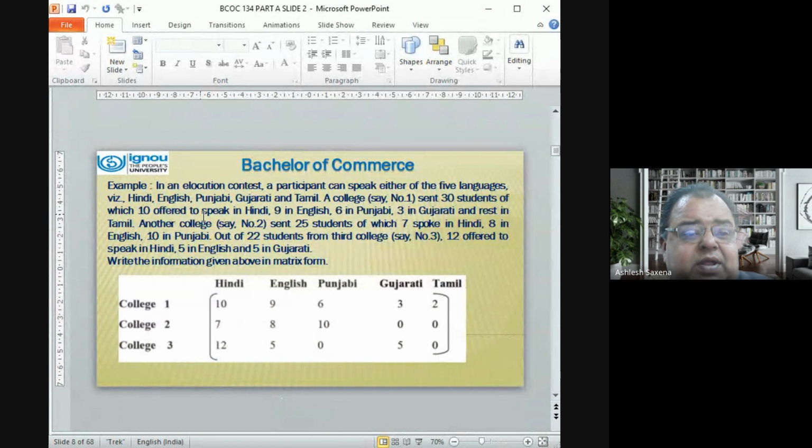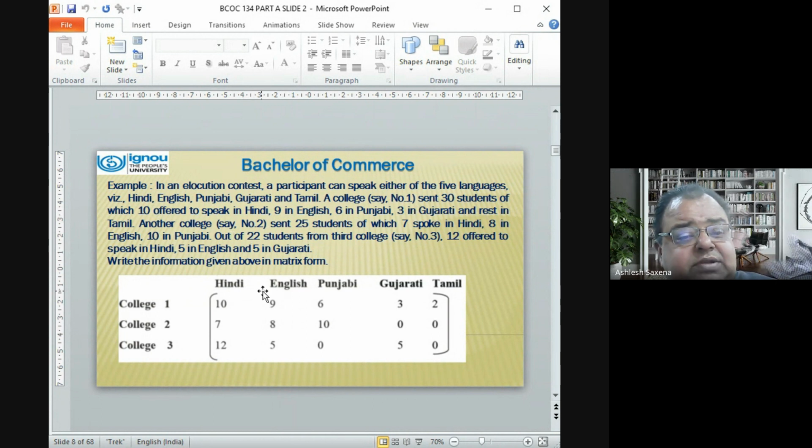Now see, in an introduction contest, a participant can speak either of the five languages, that is Hindi, English, Punjabi, Gujarati, and Tamil. Fine. Our college, say number one, has 20 students, of which 10 offer to speak Hindi, 9 English, 6 Punjabi, and 3 Gujarati, and rest Tamil.